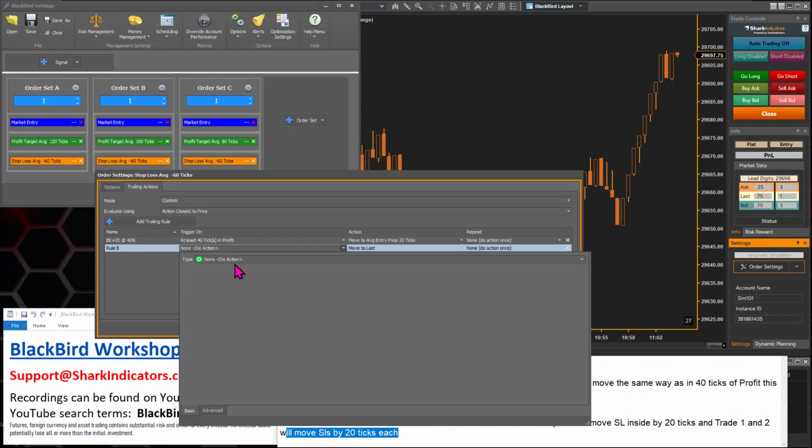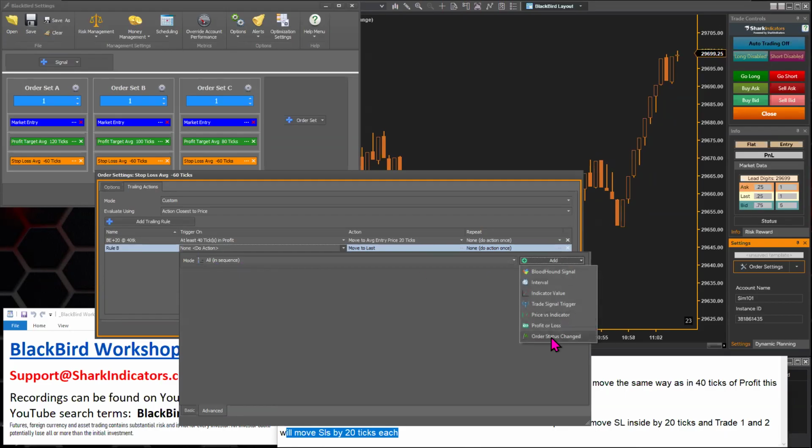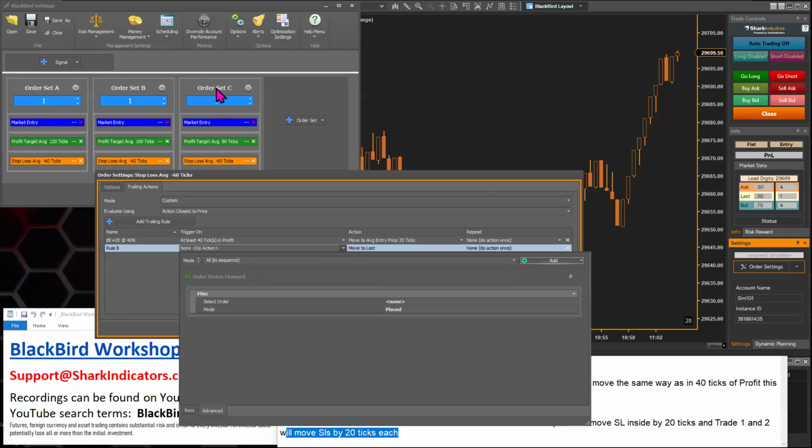And so let's set up our triggers. And let's switch over to the advanced tab. Once again, our mode's going to be in sequence. So what's the first thing we need? We need to know when did C get filled here? When did it get submitted?